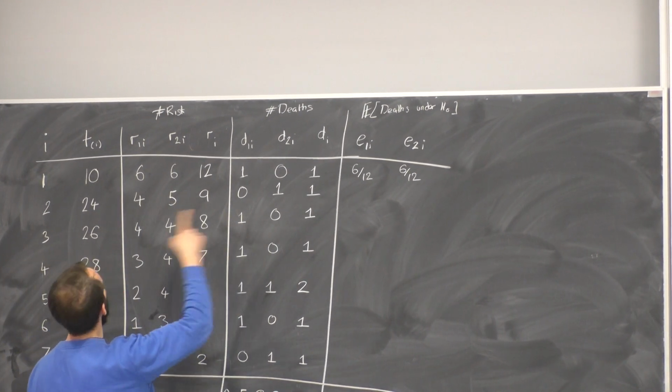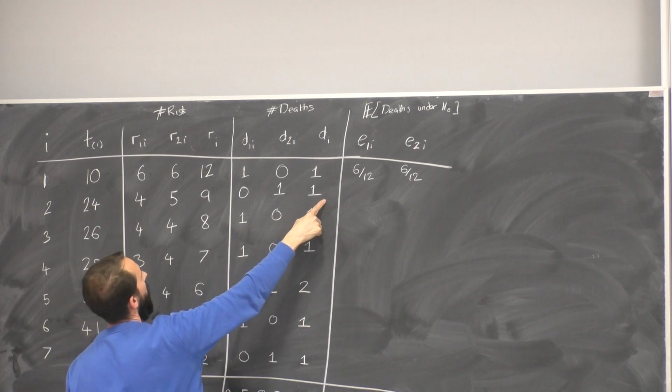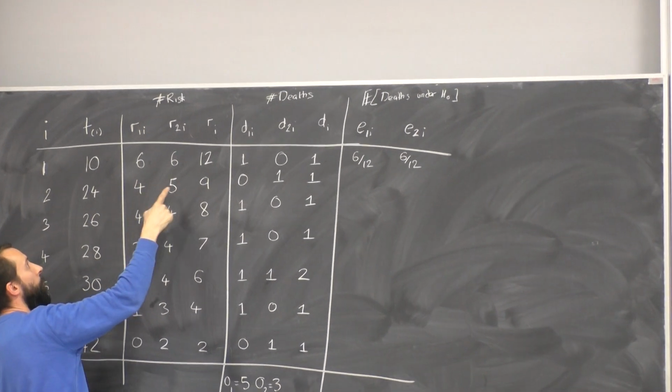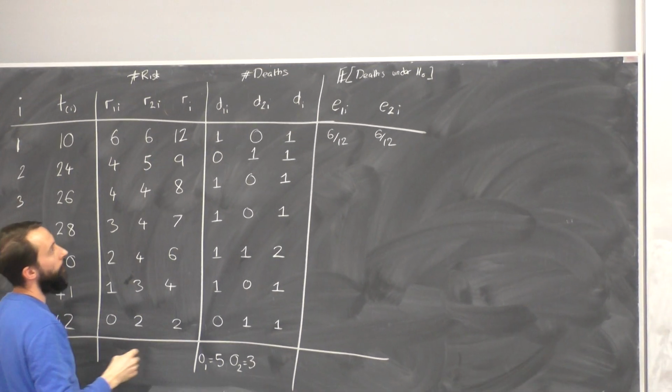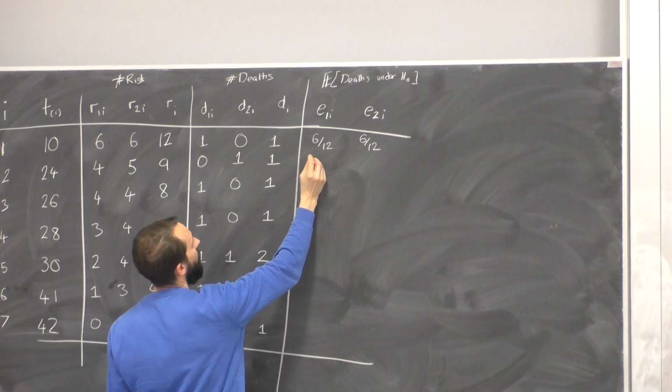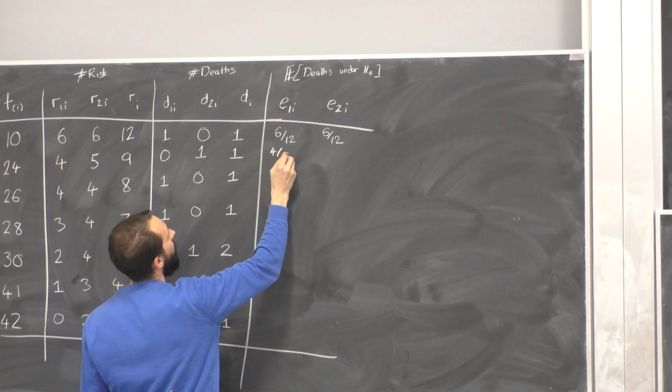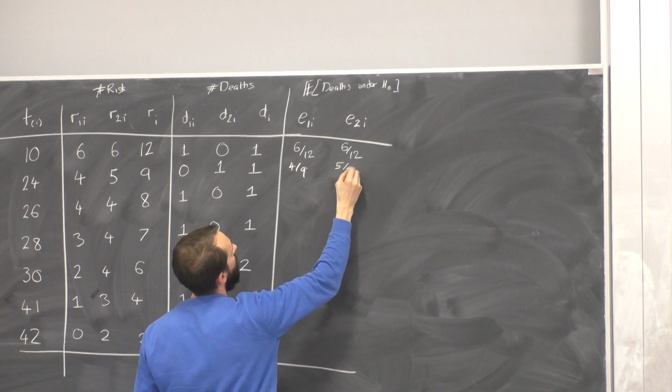Okay, so now at 24, I've got 1 death. I've got 9 people to split it up between, 4 of which in group 1 and 5 of which in group 2. So how many expected deaths are going to be in group 1? 4/9. Yeah, and 5/9.